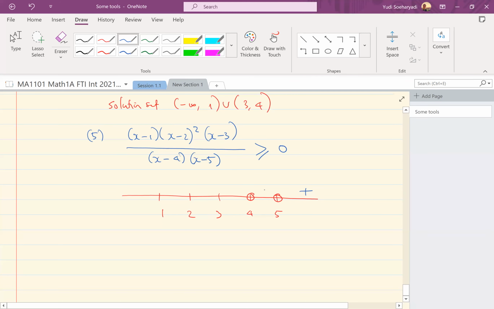Change sign because this is positive, then becomes negative. Across 4, it changes sign again. Across 3, it changes sign. Across 2, now the factor 2 is the factor from here, which has exponent 2, exponent square, right? If you square, it is positive. So positive doesn't change sign. Okay, so it remains negative. Across 1, because this exponent is 1, it changes sign at 1. Once, it becomes plus.